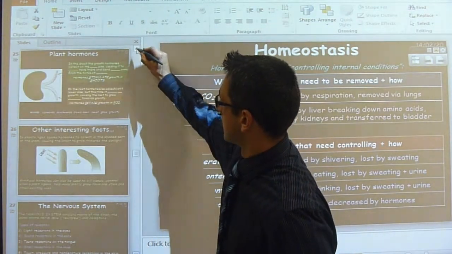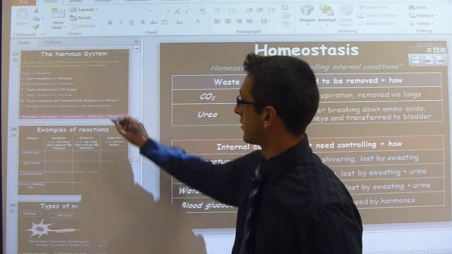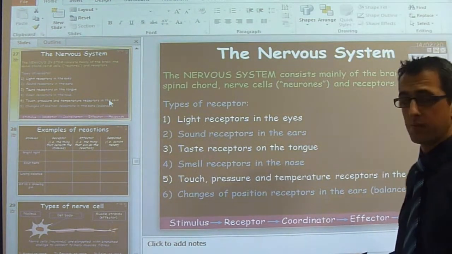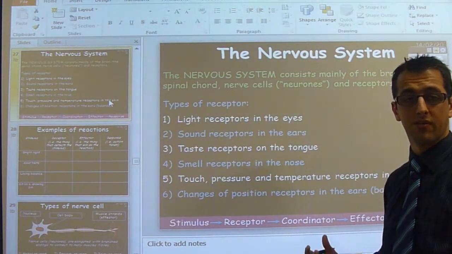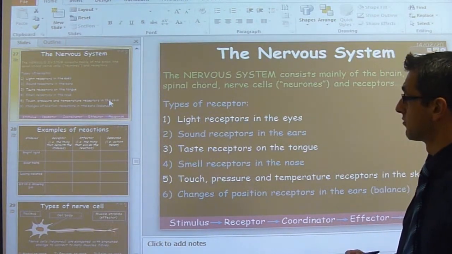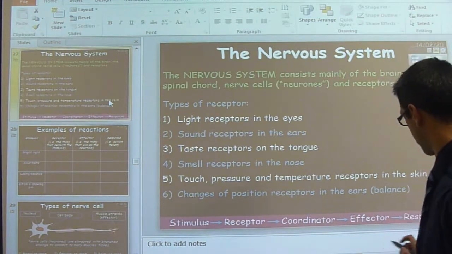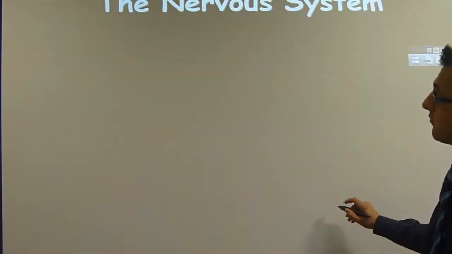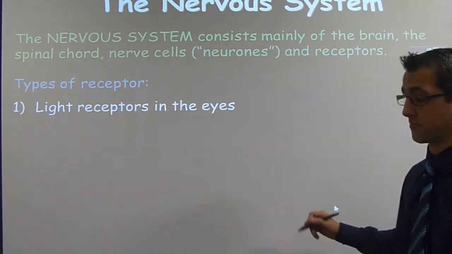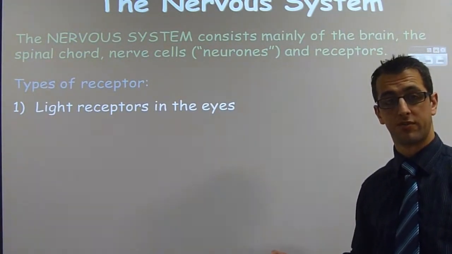Before we can understand homeostasis, we need to make sure we can recall from our topic on the nervous system the idea that we have various different receptors and sensory organs around our body that respond to a huge array of different conditions. For example, we looked at the light receptors as being in the eyes, responding to changes in environment.